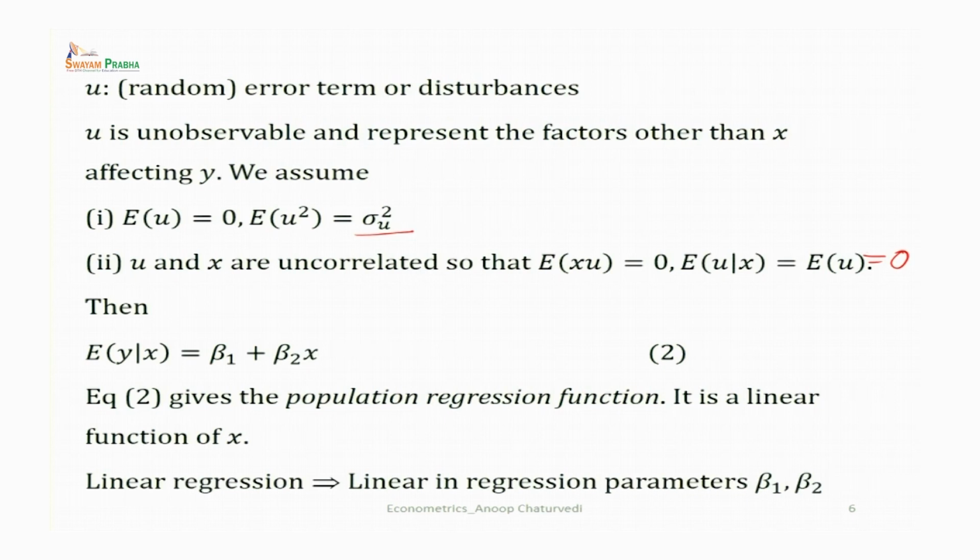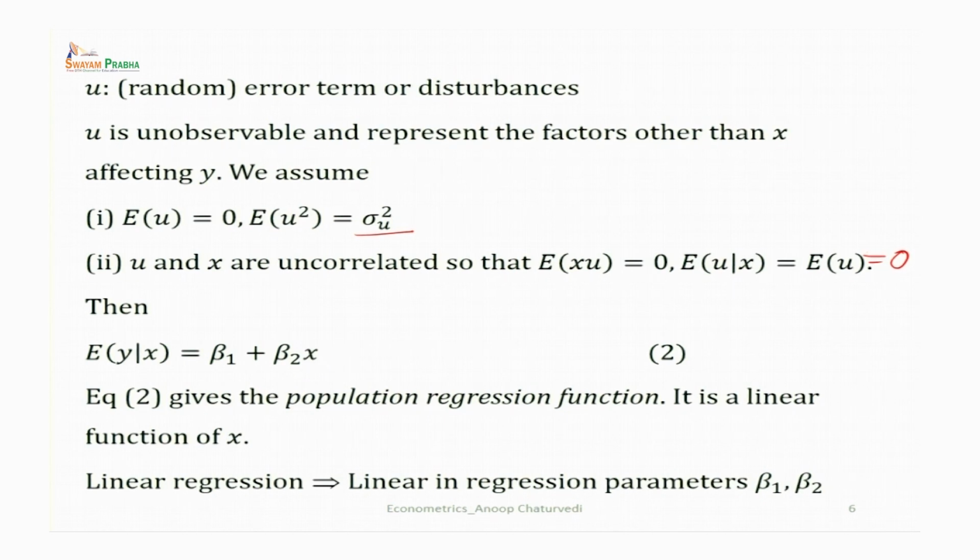Then beta 1 plus beta 2 x is the non-random part, and u makes your model a stochastic one. This equation 2 gives the population regression function, and it is a linear function of x.